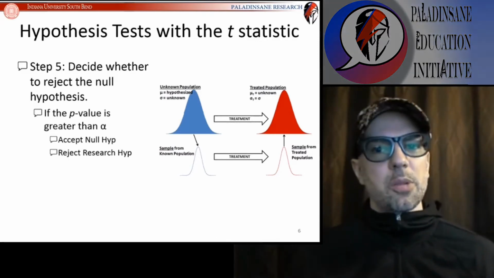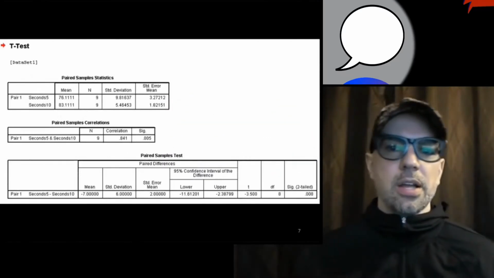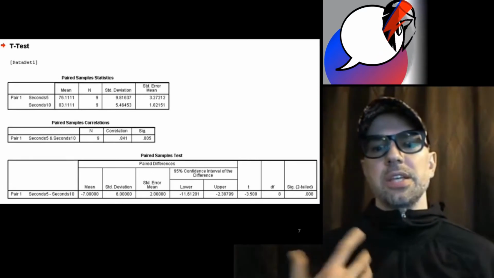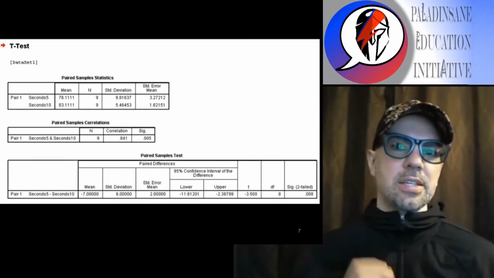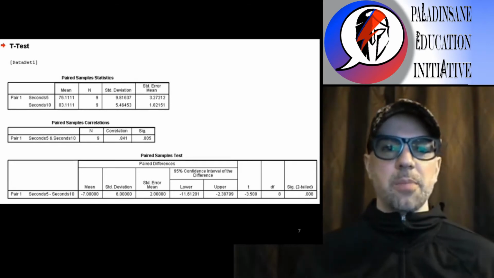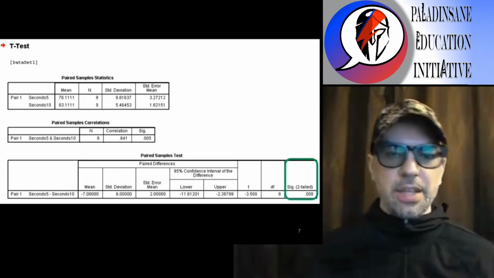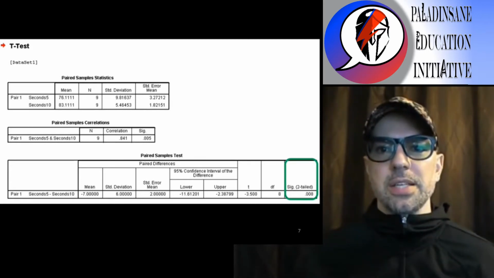But this comes with a little bit of a wrinkle, because when we take a look at our outputs here, you'll notice the significance value, that p-value for your sample, the probability of your sample. We mentioned last time, that's where you can find it in the dependent means t-test.